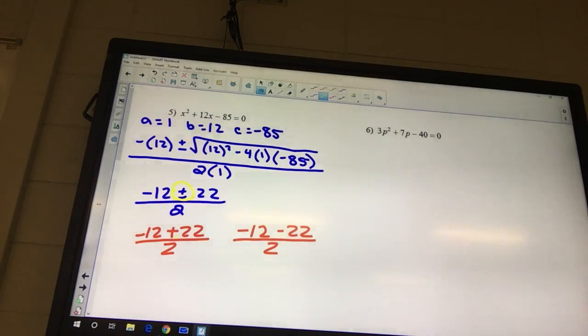So you're at negative 17 for that one. And then what do you get? Same thing.